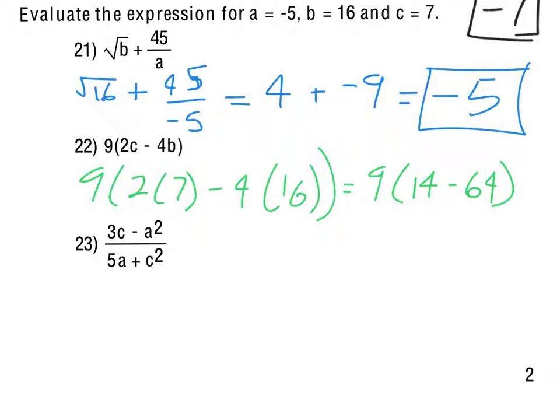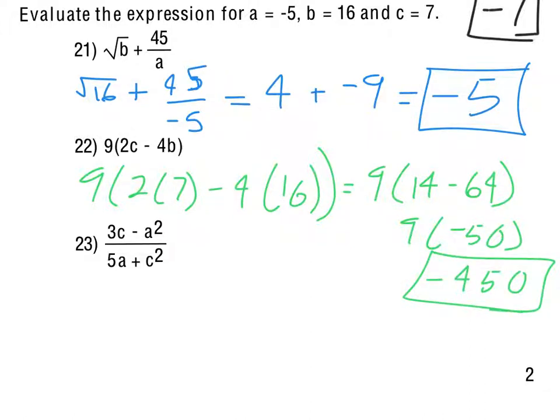We could distribute, but I wouldn't recommend it. I would just do the 14 minus 64, just follow regular order of operations there. So we end up with negative 50 inside those parentheses. This is a 9. So 9 times negative 50, so negative 450. So that's what we get for 22.